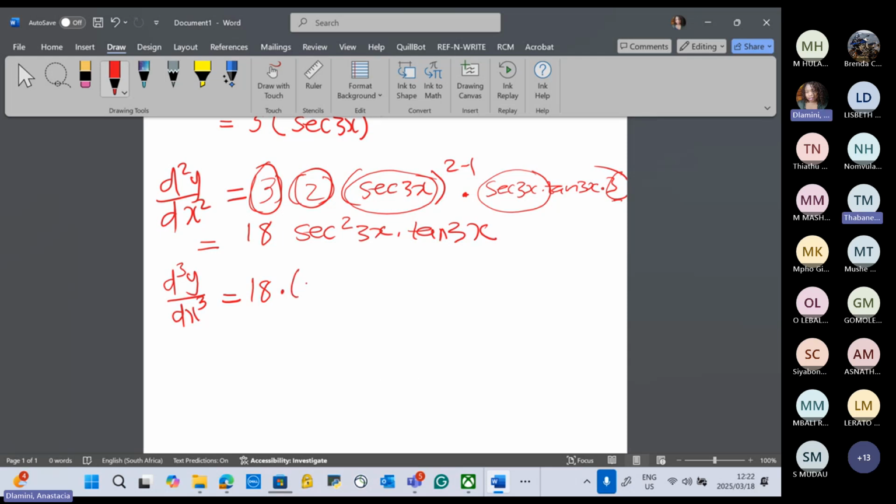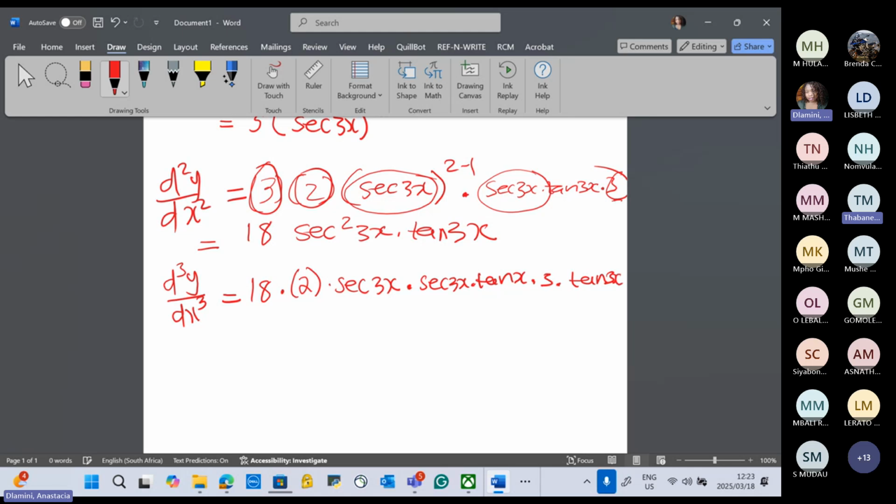We're gonna say then multiply by 2, and then times sec 3x, multiply by sec 3x times tan 3x times 3. And then multiply by tan 3x.